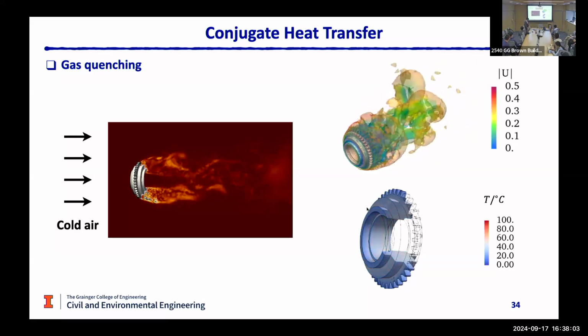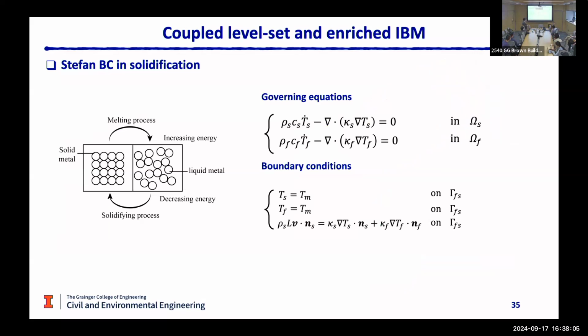Okay, and you can also use this coupled level set and enriched immersed boundary method to handle the Stefan boundary condition in solidification. This boundary condition is really important in welding and metal additive manufacturing, right? So the mathematical model for solidification can be summarized as follows. In the pure fluid domain or solid domain, you have the time-dependent heat conduction equation.